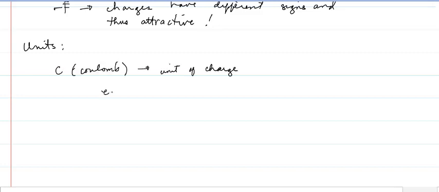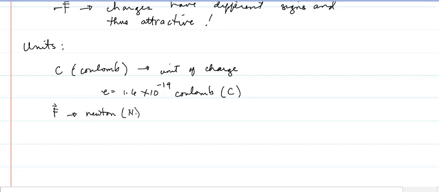The charge, example, the charge of an electron is equal to 1.6 times 10 to the negative 19 coulomb or C. And for F, of course, since it is a force, it has a Newton unit or capital N. And R, since this is a distance, let's use meter or M. And K is equal to 9 times 10 to the 9 Newton meter square per coulomb square.